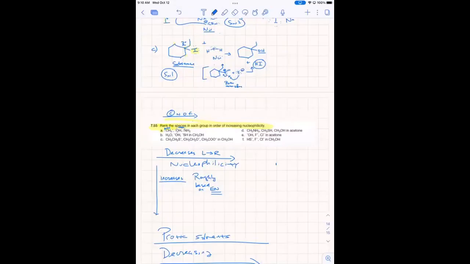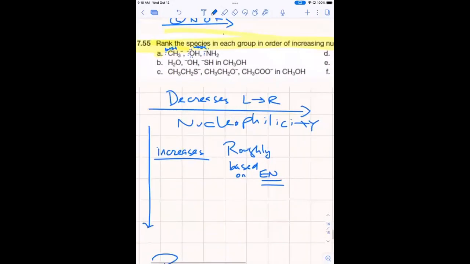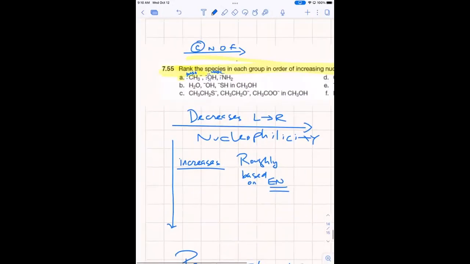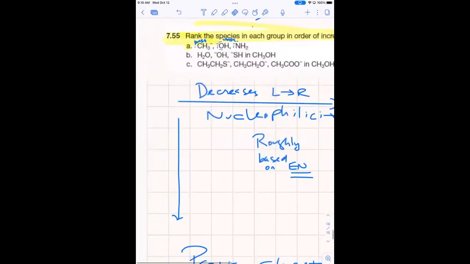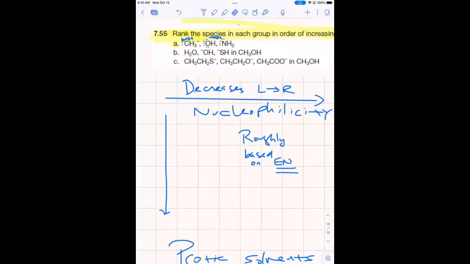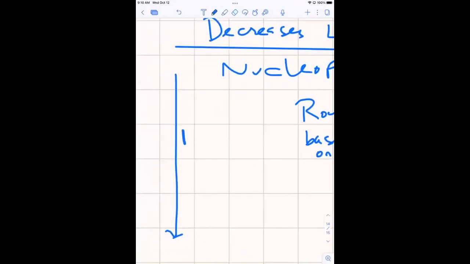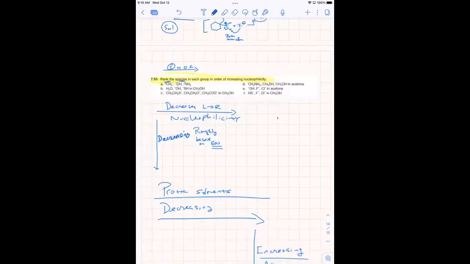So let's go back to where we were yesterday. If you have this trend written here, I said I misspoke on Monday. They're both decreasing from left to right and decreasing from top to bottom for nucleophilicity.